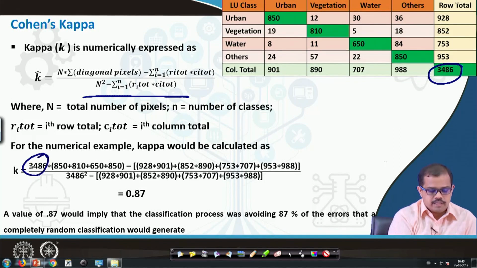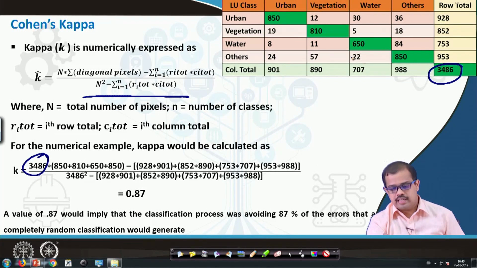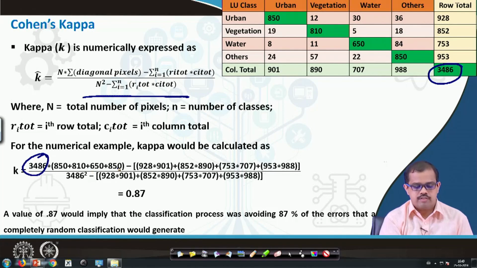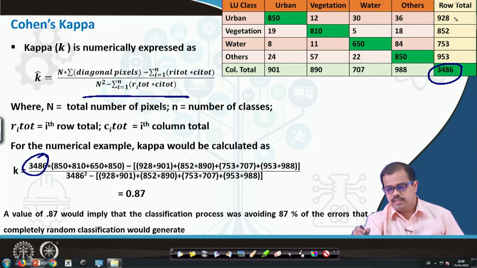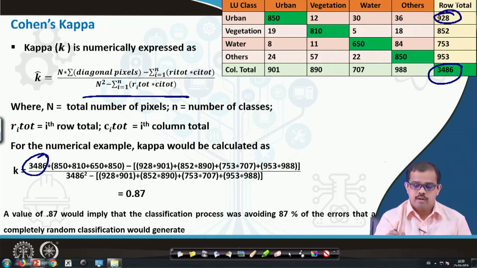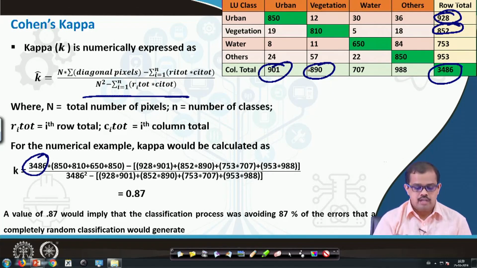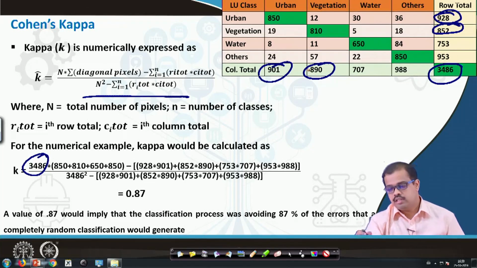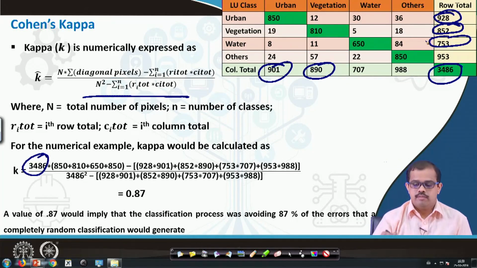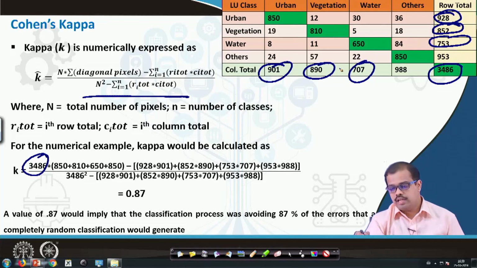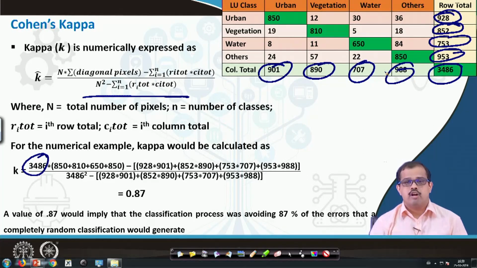The total number of pixels multiplied by the correctly classified pixels, that is 850, 810, 650 plus 680, minus the row total 1 multiplied by the column total 1, that is 928 cross 901, plus, for urban, then row total for vegetation multiplied by column total for vegetation, then row total for water multiplied by column total for water, then row total for others multiplied by column total.